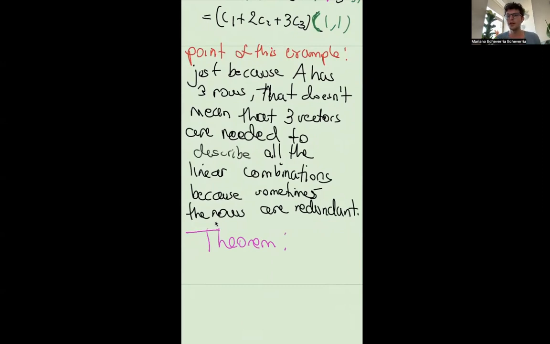So the idea is, if you wanted to find a basis for the row space, you reduce the matrix, and the non-zero rows of that matrix are the basis.